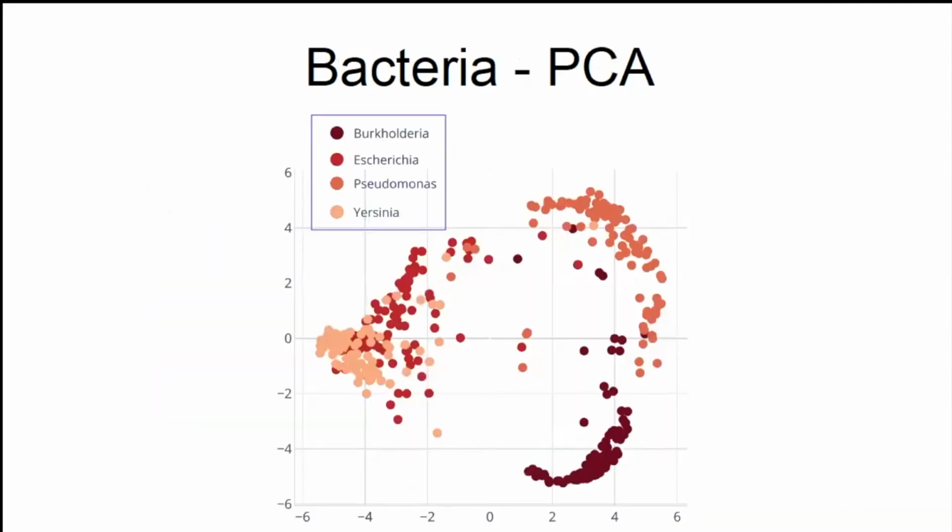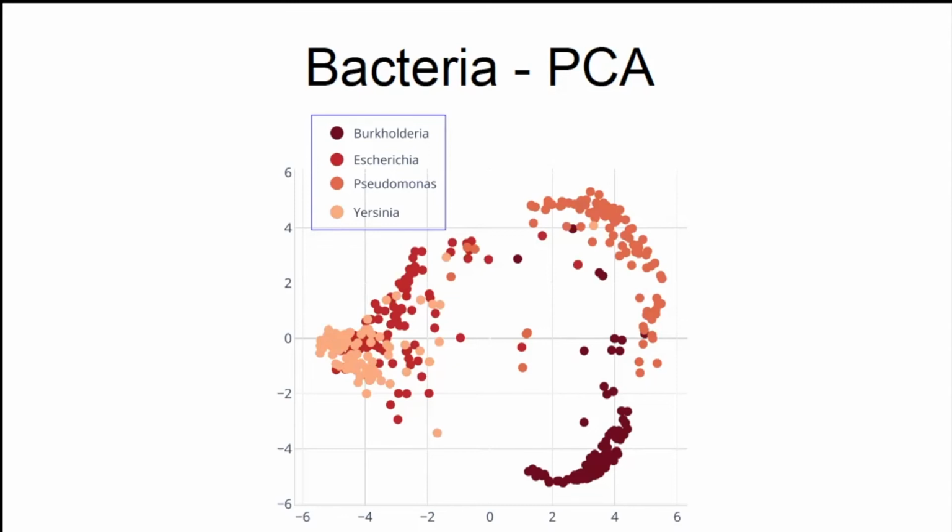Okay, so I grabbed from RefSeq again, I sampled 1,000 sequences from 4 bacterial genera: Burkholderia, Escherichia, Pseudomonas, and Yersinia. I encoded them with a trained autoencoder, and then this is a PCA of those sequences when they have been transformed into the embedded space, into the low dimensional space.